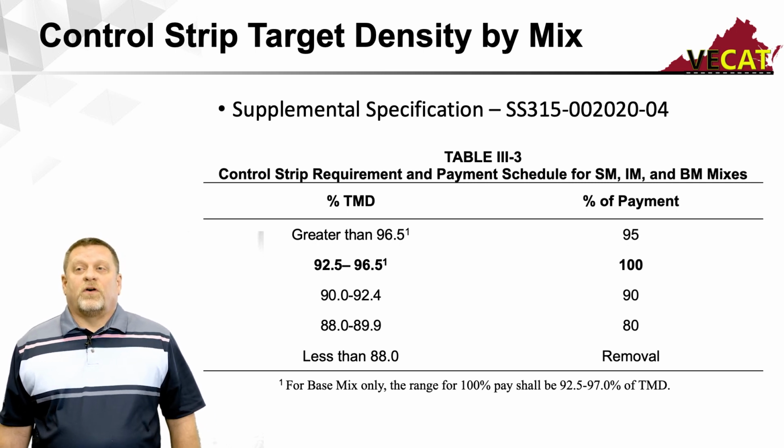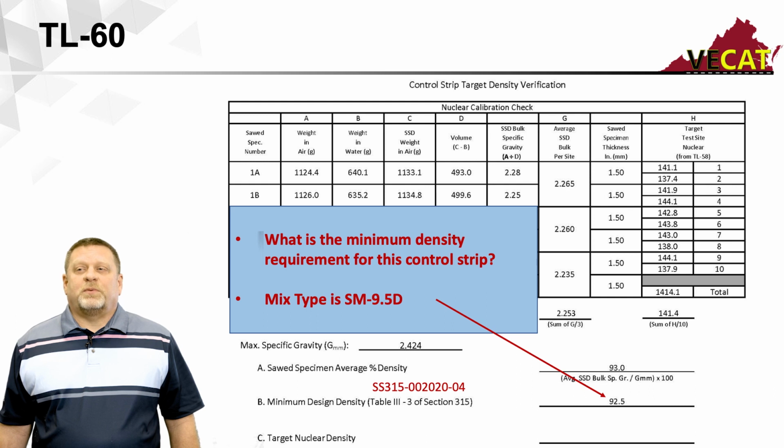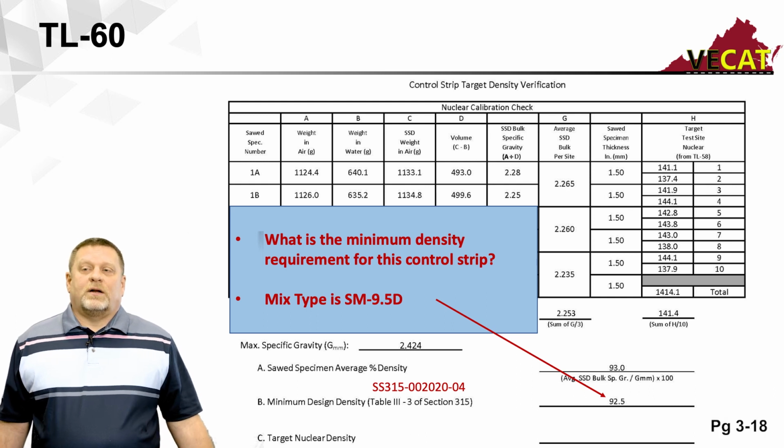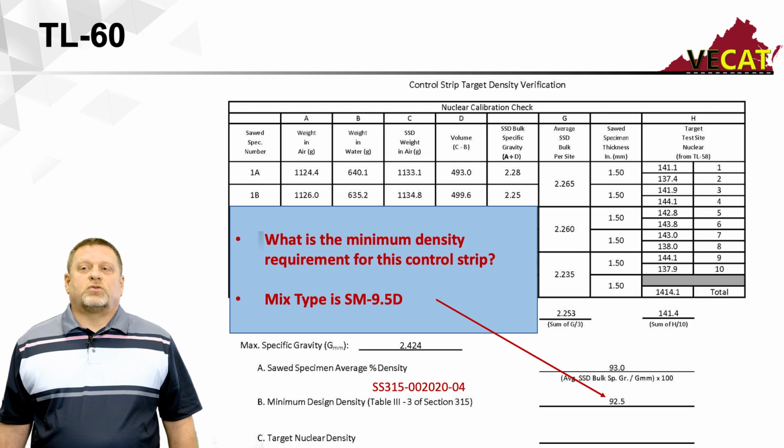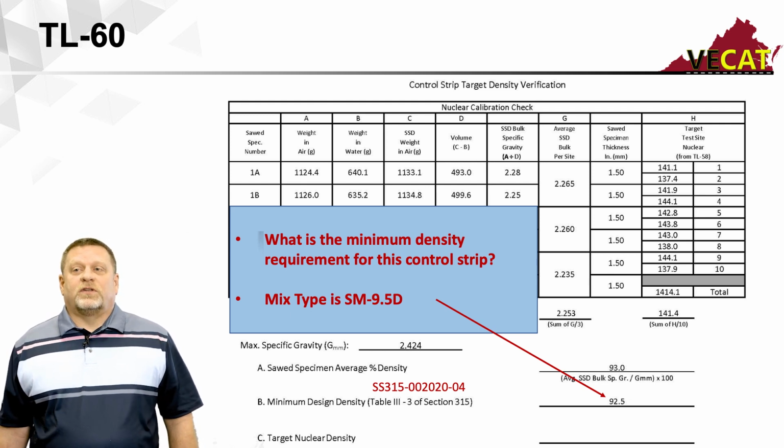As you can see from that supplemental specification, for 100% payment and for everything to be acceptable, we needed a 92.5% minimum. In the case of our specimen, we'd write that on the form as a 92.5 minimum acceptable density, and we had a 93.0. So our control strip does pass and does meet specifications for this SM 9.5D.